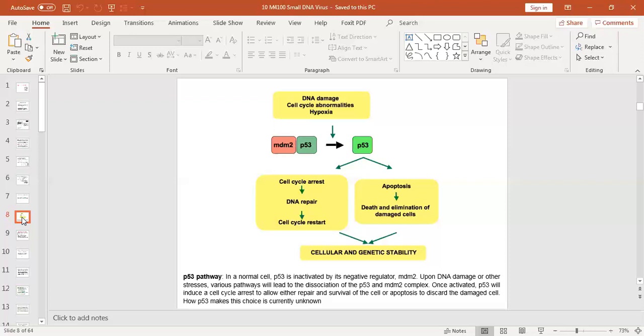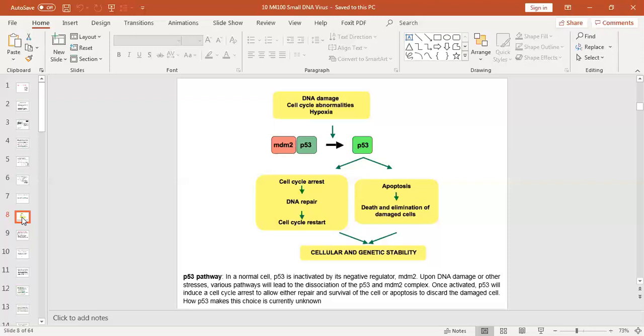If, as we can see on the left side, in the left rectangle below P53, the extent of the damage to the DNA is little, cells will undergo temporary cell cycle arrest. DNA repair mechanisms will kick in. They repair the damaged nucleotides, and cell cycle progression will resume.